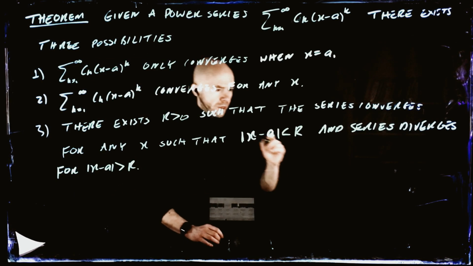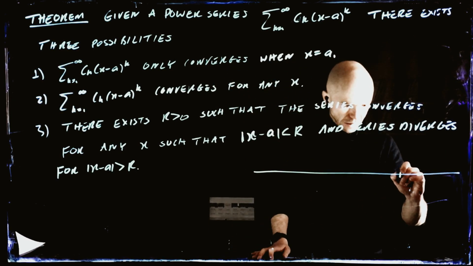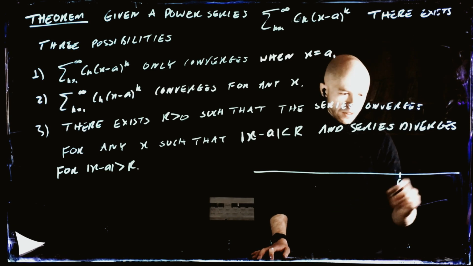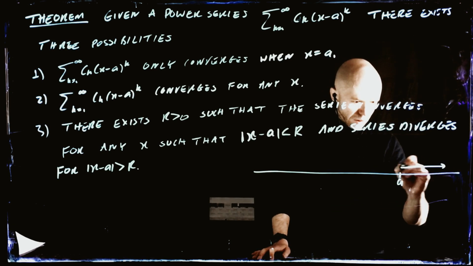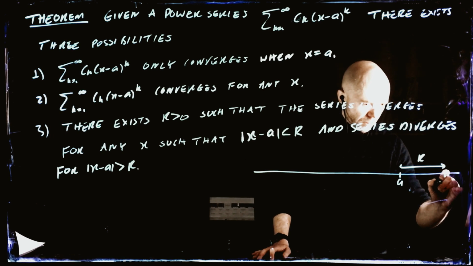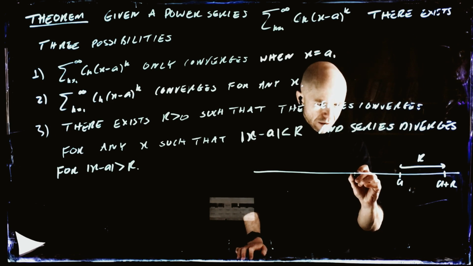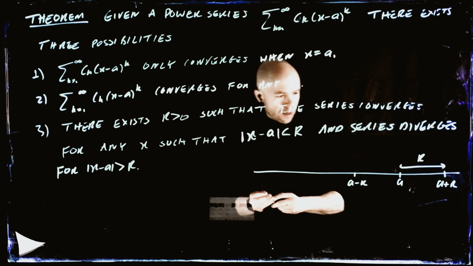Okay, let's draw a picture. So the series is centered around a, some particular number. And there exists a radius R, like this, such that if we are strictly between a plus R and a minus R, then the series converges, then we are all good.